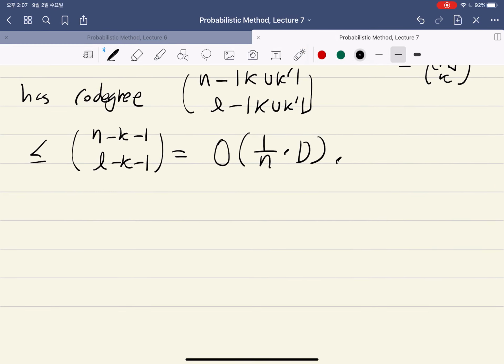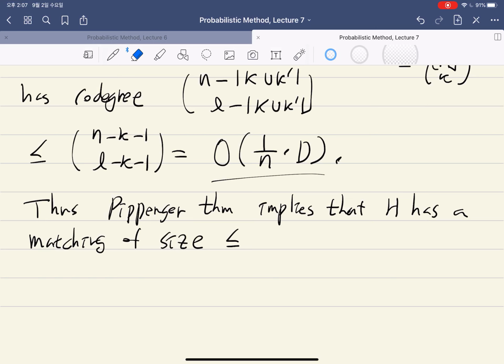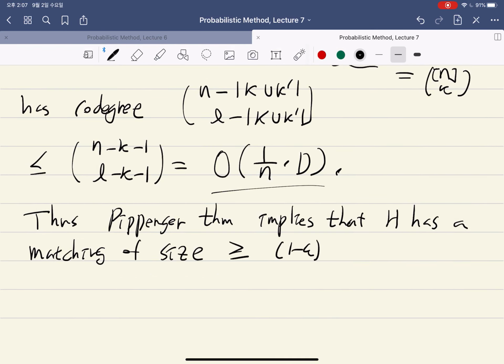They are large enough, and this is small enough compared to the capital D. Thus this theorem, Pippenger's theorem, implies that H has a matching of size at least 1 minus epsilon times n choose k divided by l choose k.